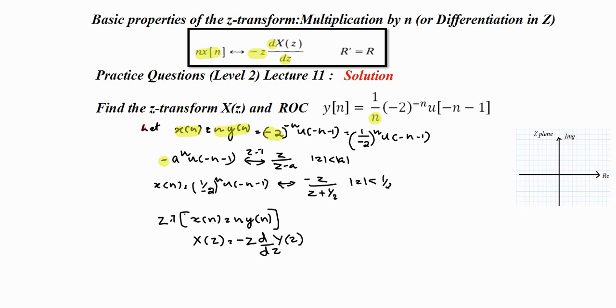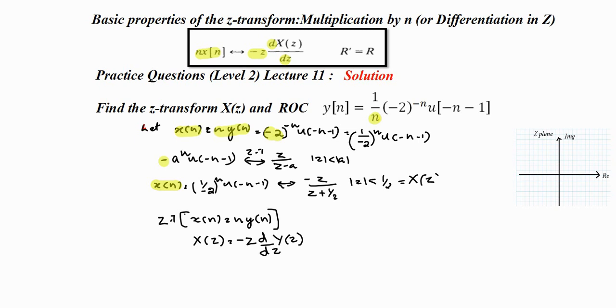And here we know x of n. Now we need to find the transform of the signal. That is already we got, this is x of z.